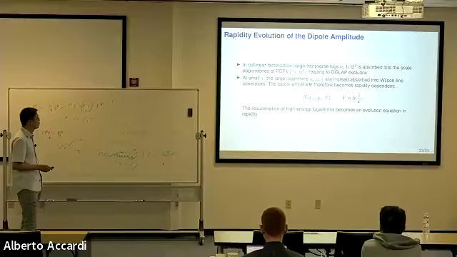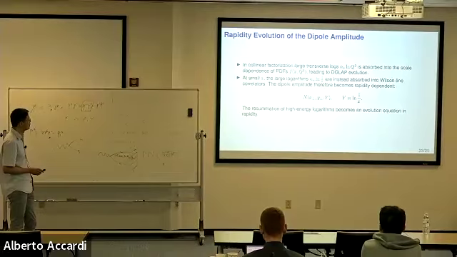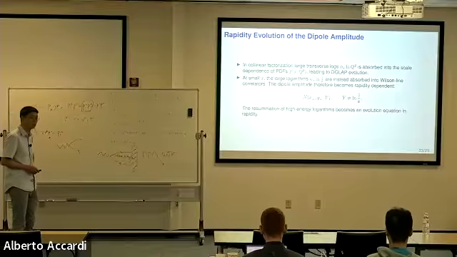And these large logs in the DGLAP case are associated with the PDF. In this small x case, not the PDF, but the Wilson line correlators, that's the non-perturbative object. So in the DGLAP case, it's evolution with respect to Q squared. In this small x case, it's evolution with respect to this little x, or equivalently with respect to the rapidity y.